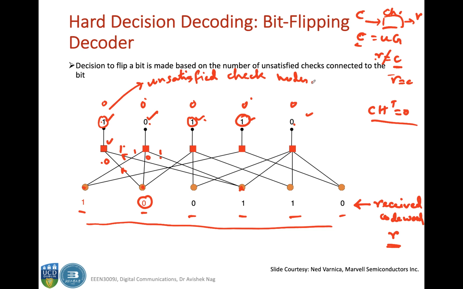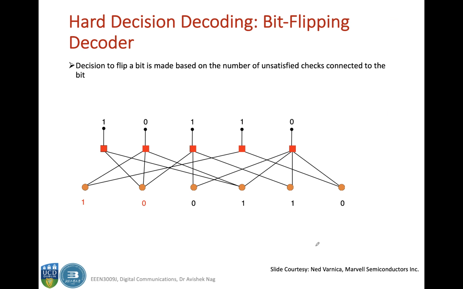So if you have this situation, then how do you decode this linear block code? Let's look into this. The first step of the decoding process will be to examine the number of unsatisfied check neighbors for each bit.